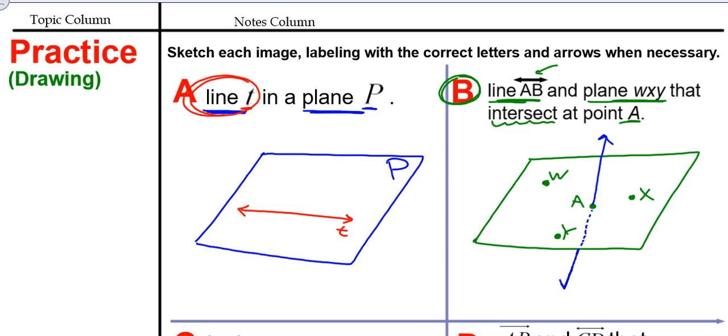And then, whoop, it peeks out the back side. There is our line. We have to label it line AB. So somewhere on that line, we need to put point B. You can put point B up high, or we can put it down low. Doesn't matter, it just needs to be somewhere on that blue line.